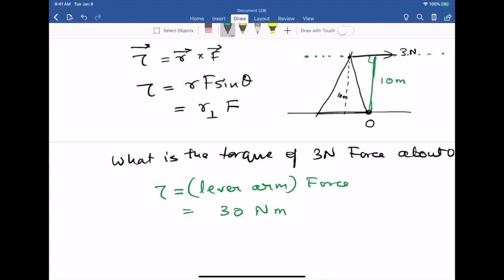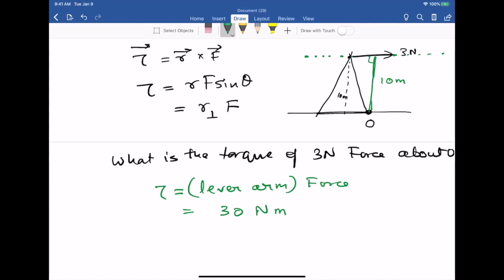Okay, one brief comment about the unit of torque. Can you tell me what is newtons times meters? Have you seen this combination before? The answer is yes. When we talked about work being force times distance, that was also newtons times meters, and that particular combination was called a joule. However, joule is a unit for energy, and torque is a completely different quantity. So torque should not be measured in energy units.